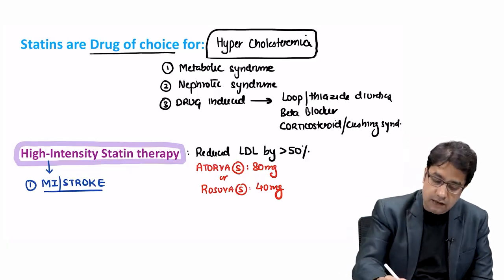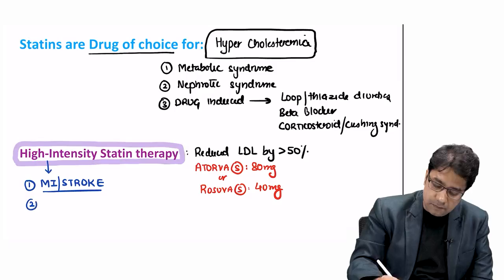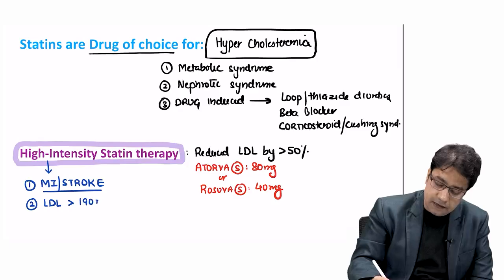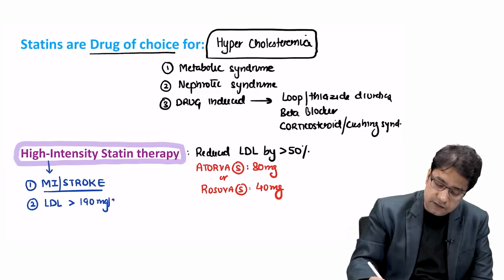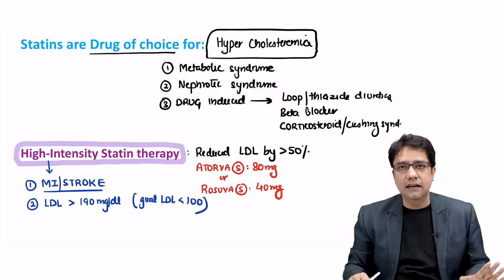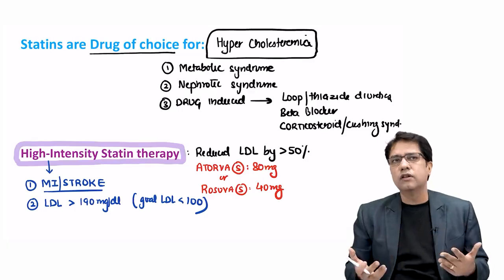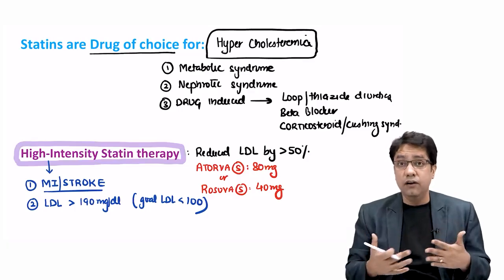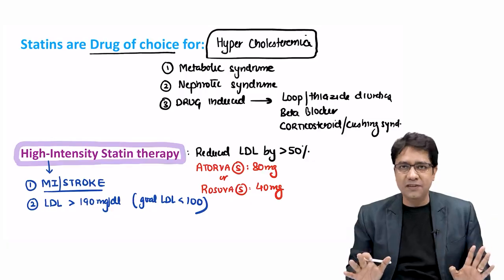Second point, when blood LDL level is more than 190 milligram per deciliter. Sir, why? Because our goal of LDL level is always less than 100. We have to maintain LDL less than 100. So don't you think if it is more than 190, we have to reduce by at least more than 50%?